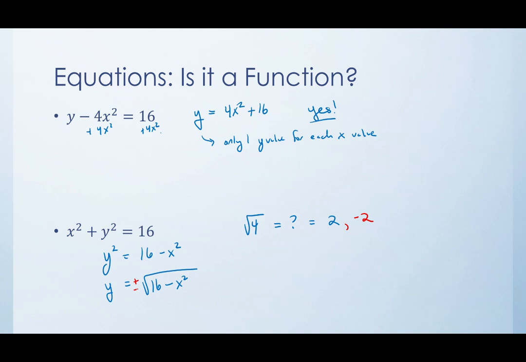That's why we have plus or minus in the quadratic formula, right? So here, if I plug in a particular value for x, I actually have two values of y, the positive value and the negative value. So one value of x is outputting two values of y, so this is not a function.